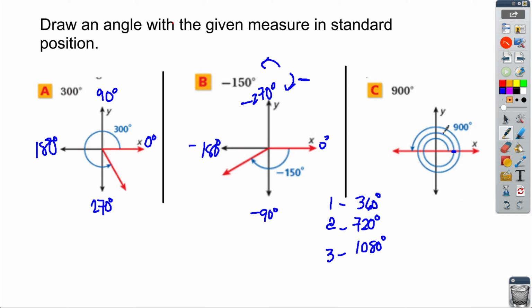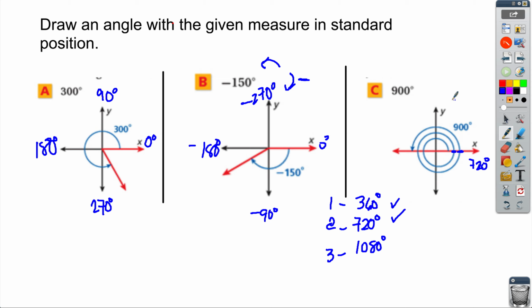Now let's do another complete rotation to get to the 720-degree rotation right here. At this point, we've completed 2 rotations, but we still need a little bit more to get to 900, which is between 720 and 1080. The question is, if this is already 720 degrees, where would 900 degrees end?